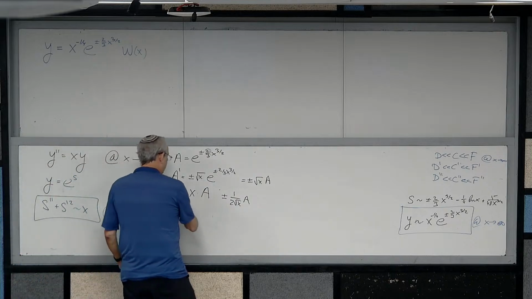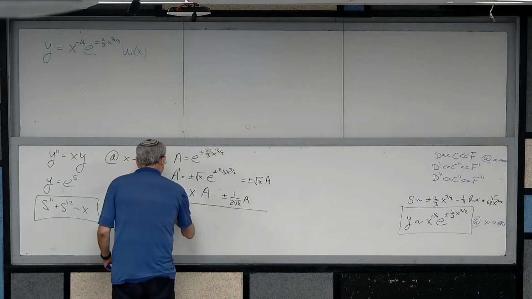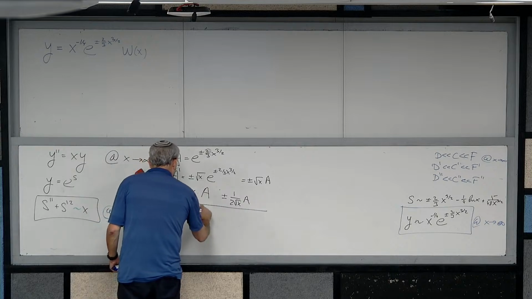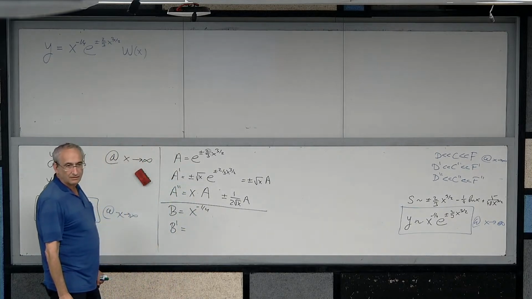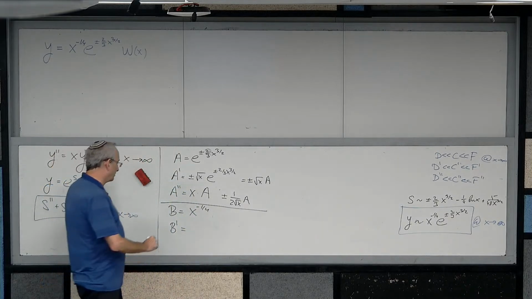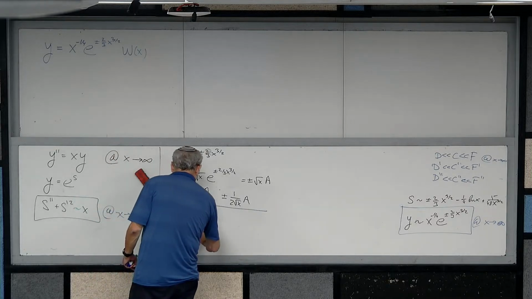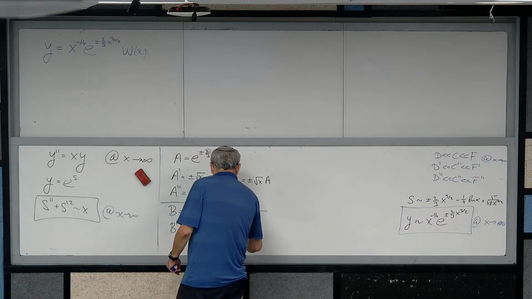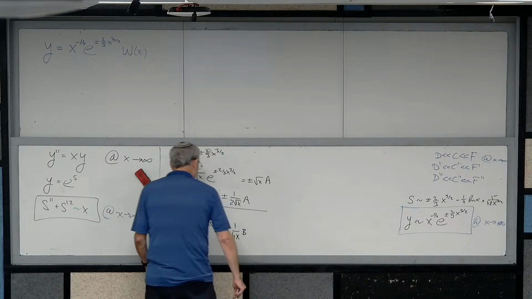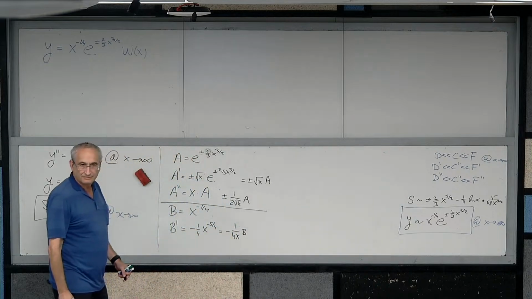Next, I would like to define B as x to the minus 1/4. What will be B prime? B prime is minus 1/4 x to the minus 5/4, and I would like to write it as minus 1 over 4x times B. You see?